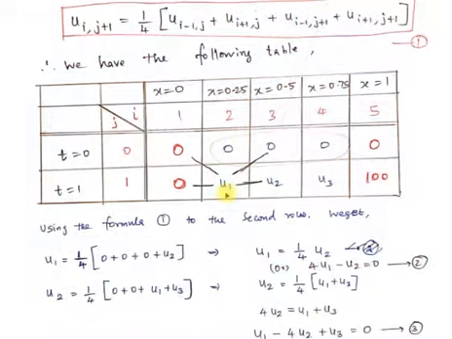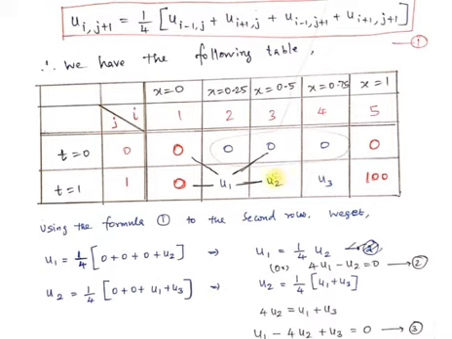Now this u1 by the Crank-Nicolson formula, u1 equal to average of the four corners. That means 1 by 4 of 0 plus 0 plus 0 plus u2, which implies u1 equal to 1 by 4 u2, which implies 4 u1 minus u2 equal to 0.